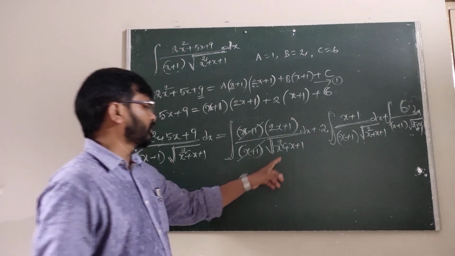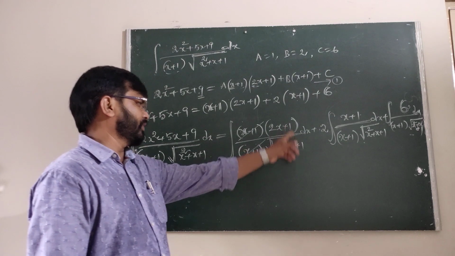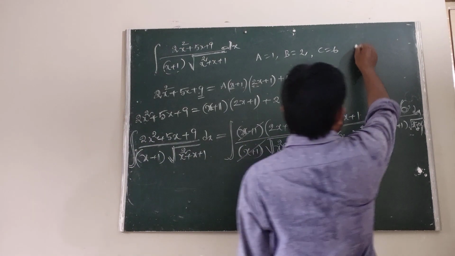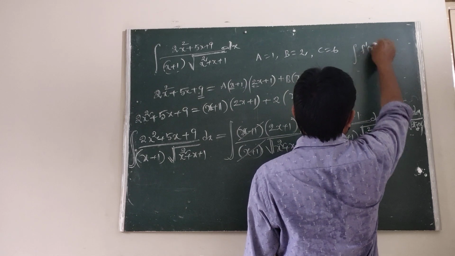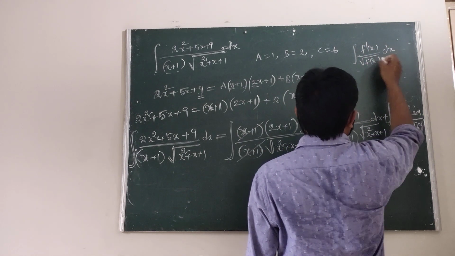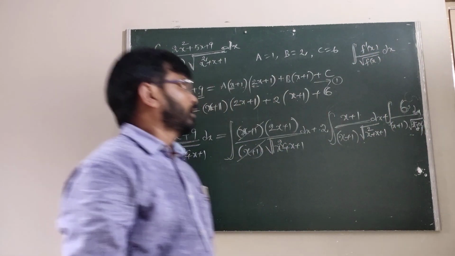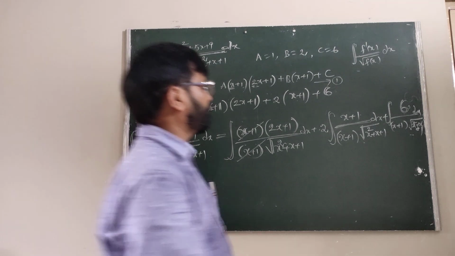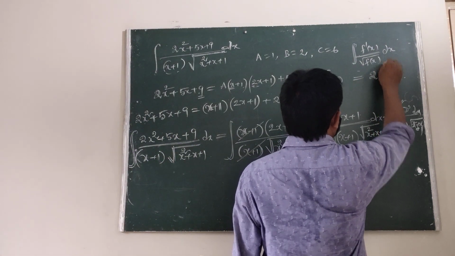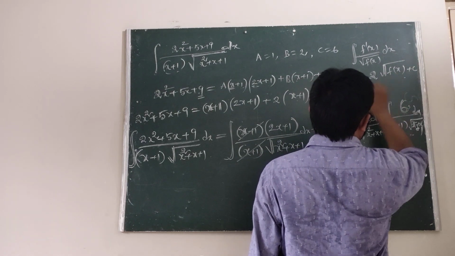Now we have to compare with the derivative of x square, which is the 2x, and the derivative of x, which is the 1. We know that the integral of f dash of x upon root of f of x dx is 2 root of f of x plus c.